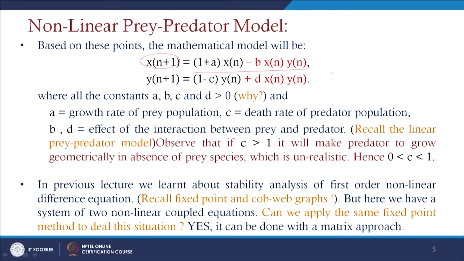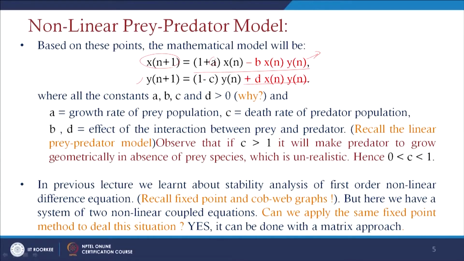Due to the presence of a predator, the prey population declines, and due to the presence of prey, the predator population grows with respect to the product of these two population levels. The constants involved here are a, c, b and d, and we consider that all the constants a, b, c and d should be greater than 0.